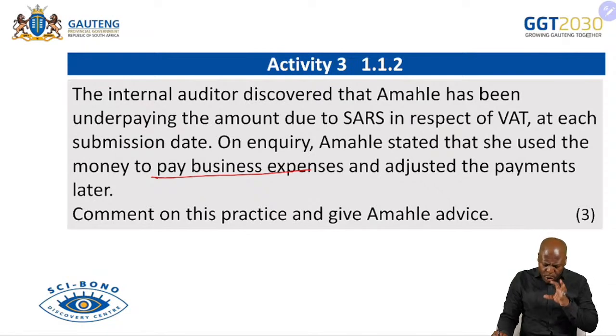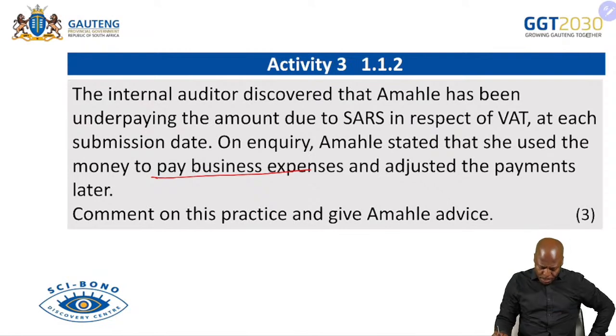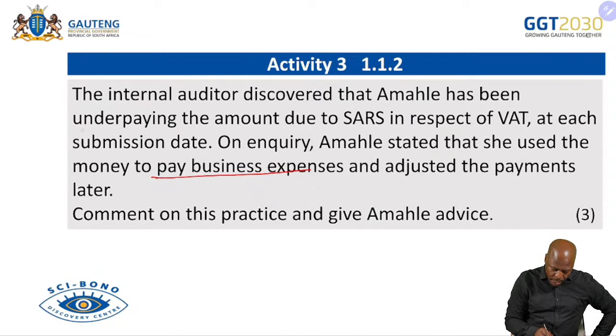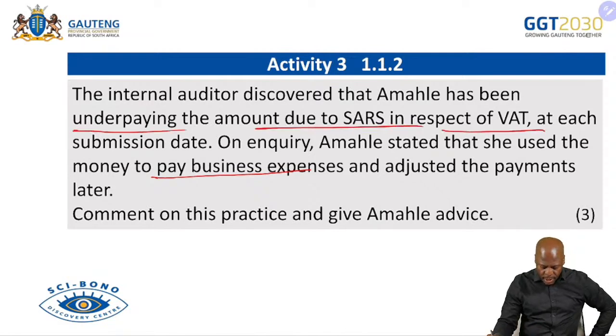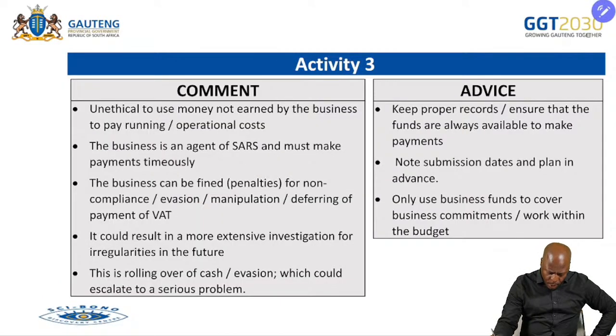Now, comment on this practice and give Amahle some advice. We need to comment on this practice. What practice is it? She has been underpaying the amount due to SARS in respect of VAT. On every submission date, the amount has been underpaid. Let's see now what is your advice.